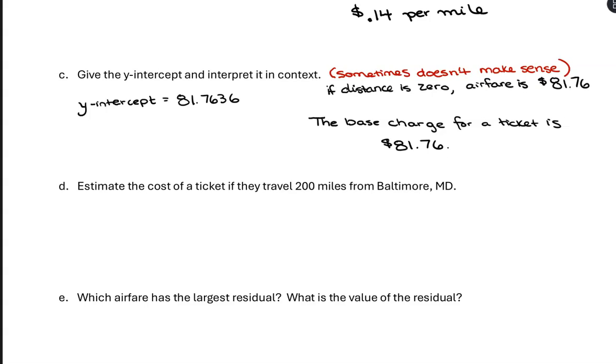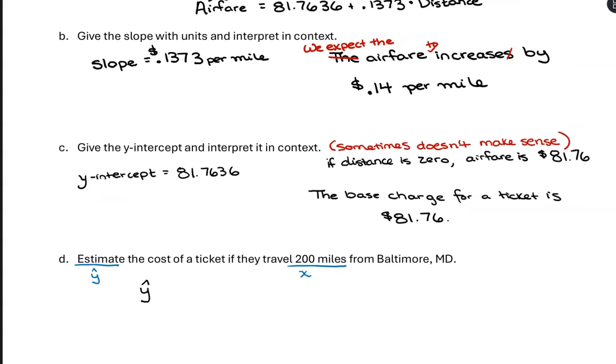Okay, next up, estimate the cost of a ticket if they travel 200 miles from Baltimore, Maryland. So we want to find an estimate. We want to find a y-hat, and we want to estimate that airfare. What we're doing is setting x to 200 miles, using our equation of the line.